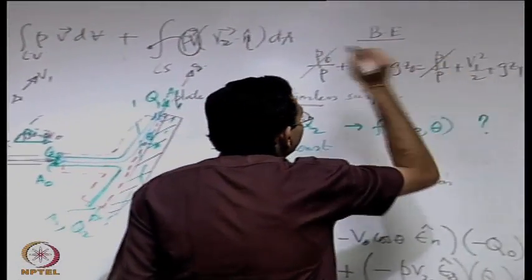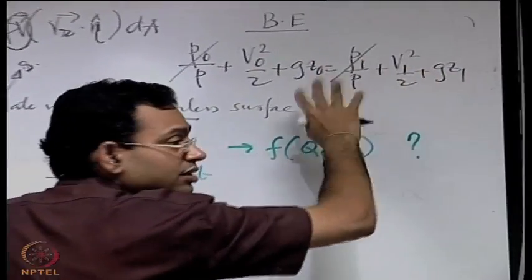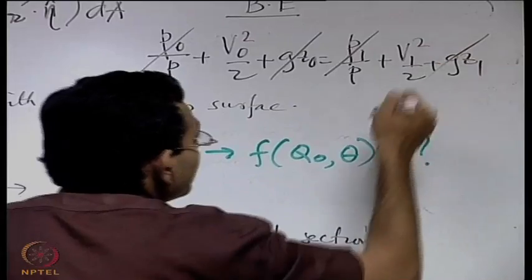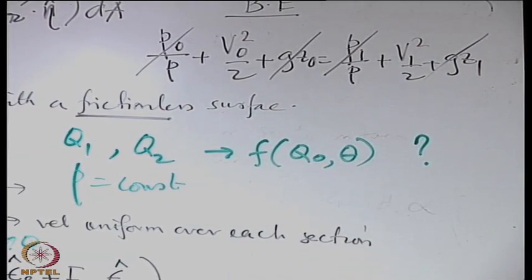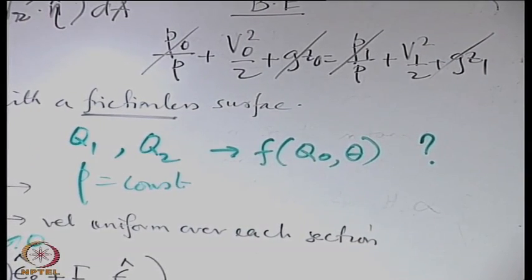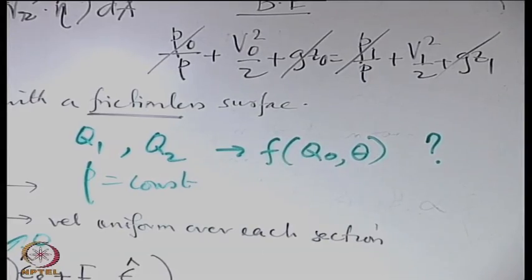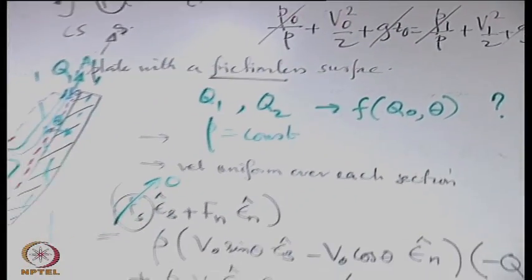So these two are equal, and because the height difference is not appreciable as we assumed earlier, Z0 and Z1 are approximately the same, or their difference is negligible.